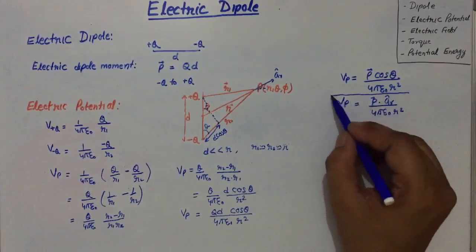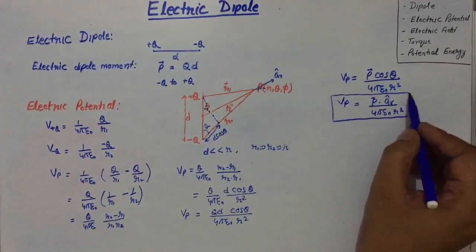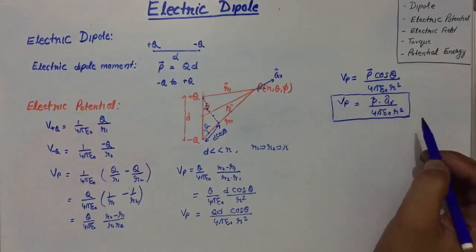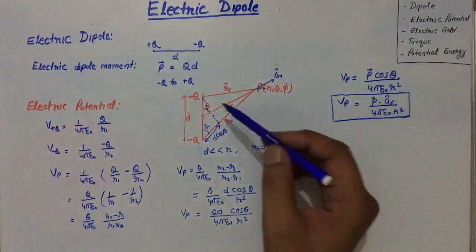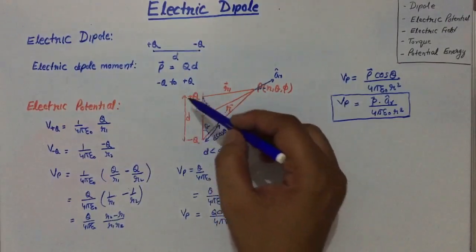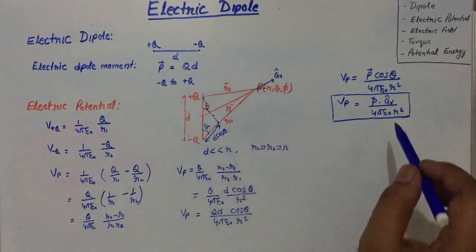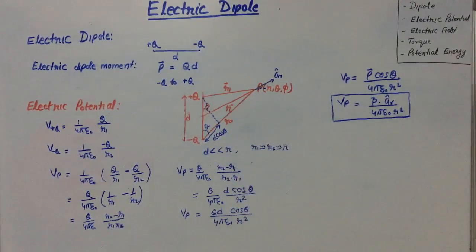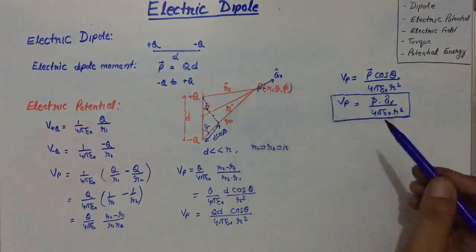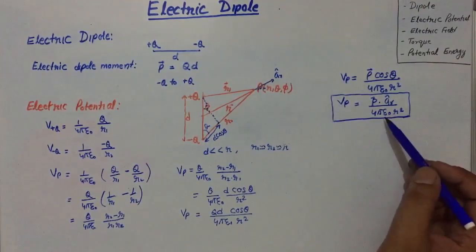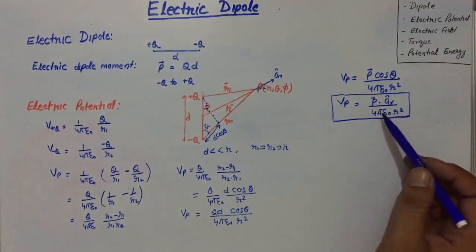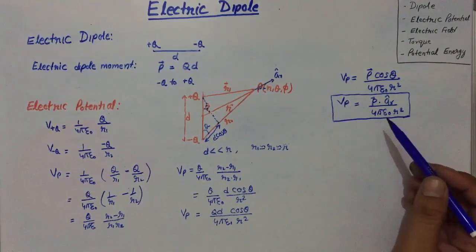The electric potential due to this electric dipole at any point P will be p dot a_r divided by 4 pi epsilon naught, the position vector squared. Okay.